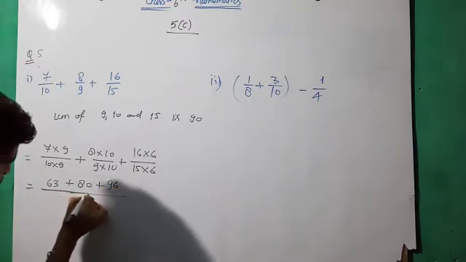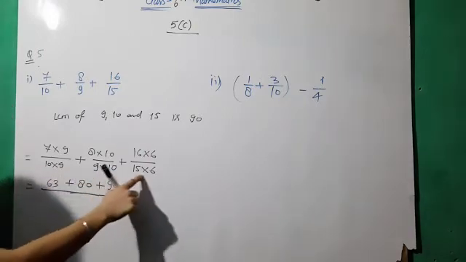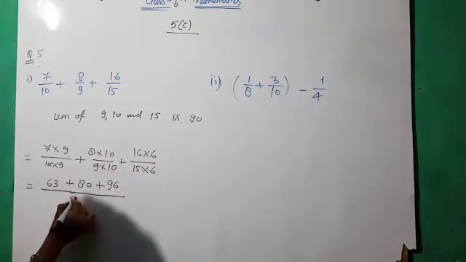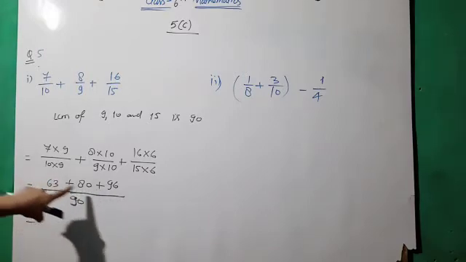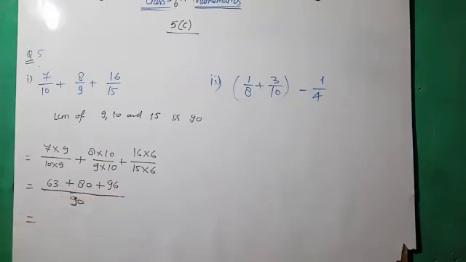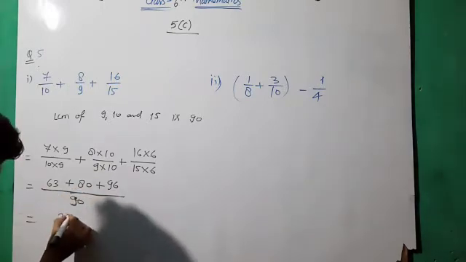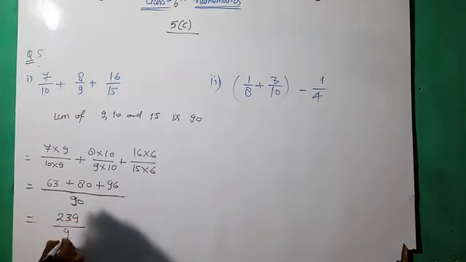If you have remembered the tables, the calculation is very easy. The LCM is 90, so in the denominator you have 90. Now add 63 plus 80 plus 96. It becomes 239 upon 90.